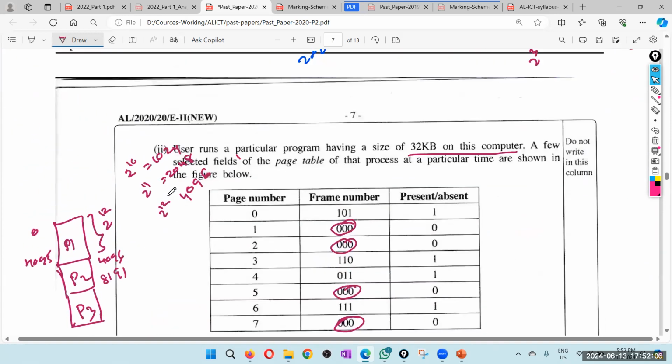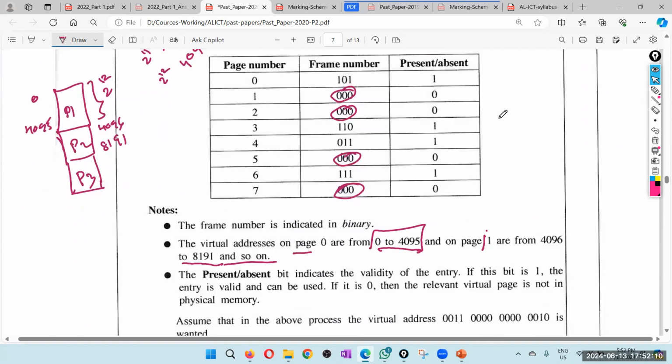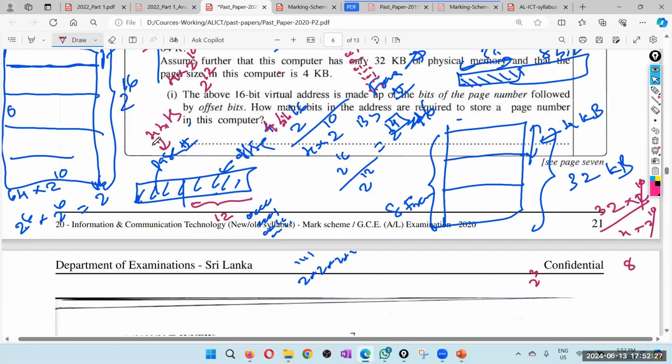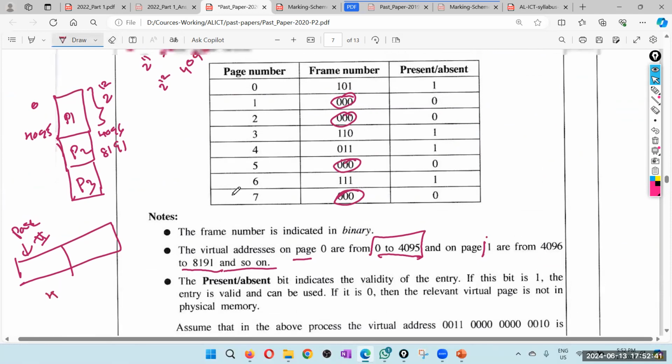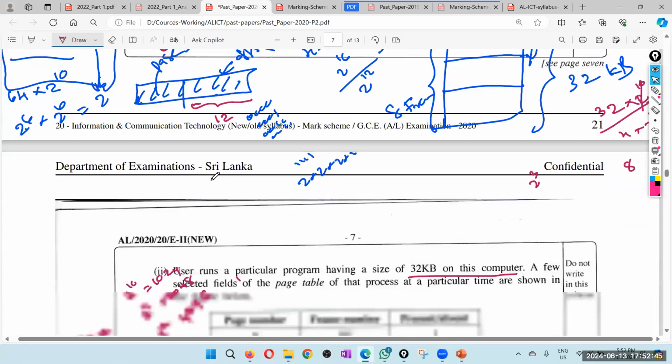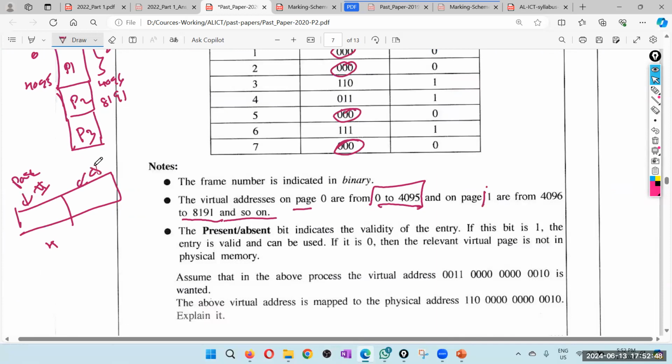So therefore, now you know that your logical address, again, it confirms that your logical address has two portions: page number 4 bits, and offset 12 bits. Right. So that is again confirmed that our calculation is correct.